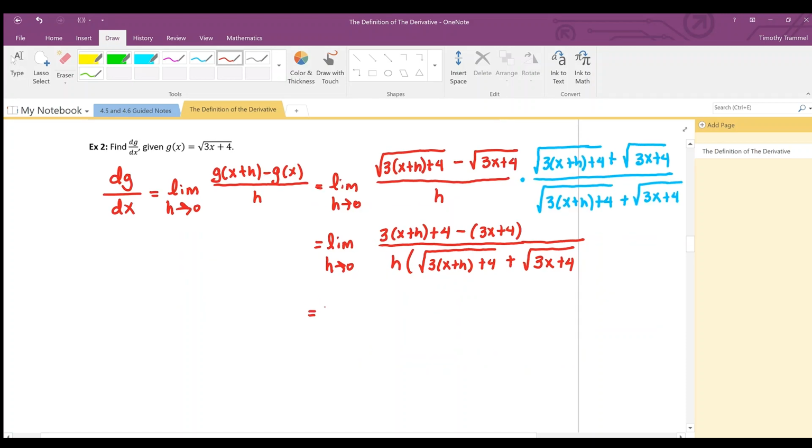We can go ahead and distribute in the numerator. So we have the limit as h goes to 0. Okay. Again, I'm still writing in my limit signs because I have not made that direct substitution yet. And so this gives us 3x plus 3h plus 4 minus 3x minus 4. Okay, and you'll notice we lose the 3x's, the 4's, and all we're left with is a 3h in the numerator.